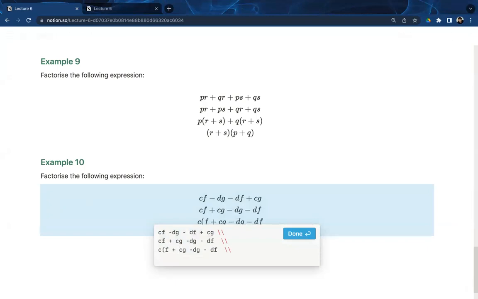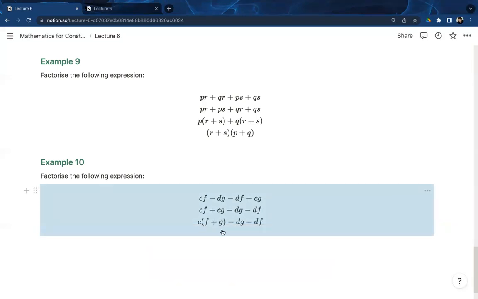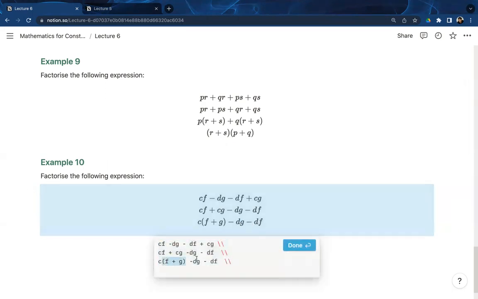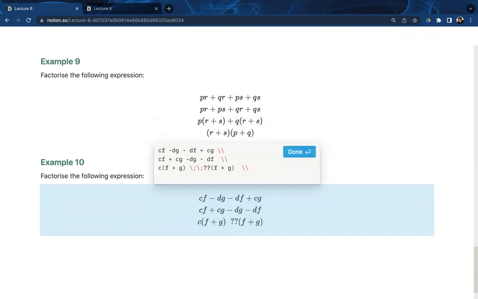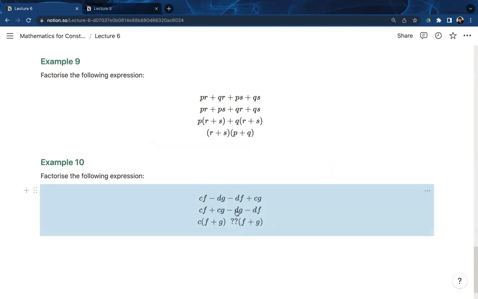And C is common. So this is C into F plus G. Now, it might look a little bit confusing here. The order depends on the order you write them. But what I suggest you do, if I have F plus G in brackets here, write F plus G in brackets here immediately, and figure out what you need in front of this bracket to get these two terms up here.